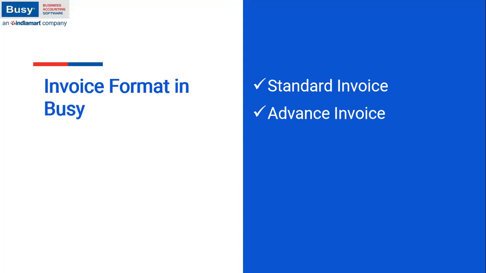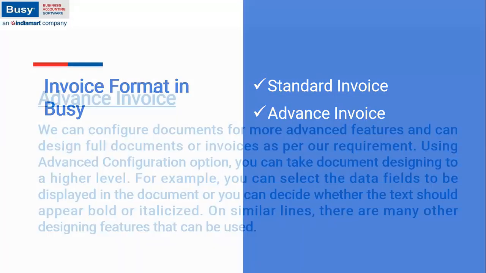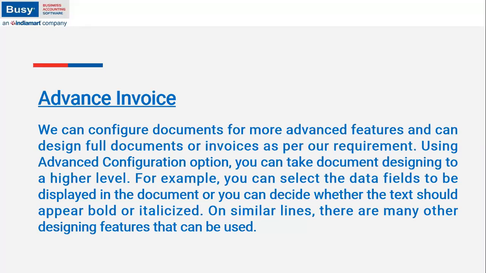Here we have various types of data fields, print styles, lines, etc. Different types of fonts and coloring options are available in the advanced invoice. So these are the different utilities available in the advanced invoice. In the advanced invoice, we can configure documents for more advanced features and design full documents or invoices as per our requirement.